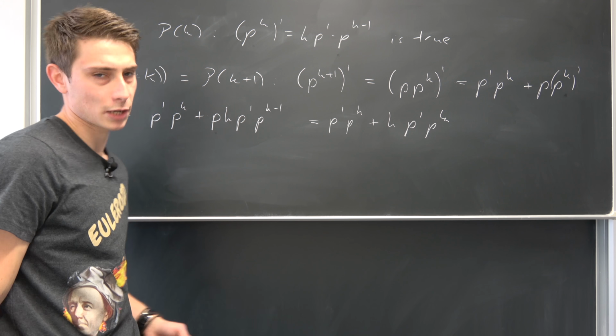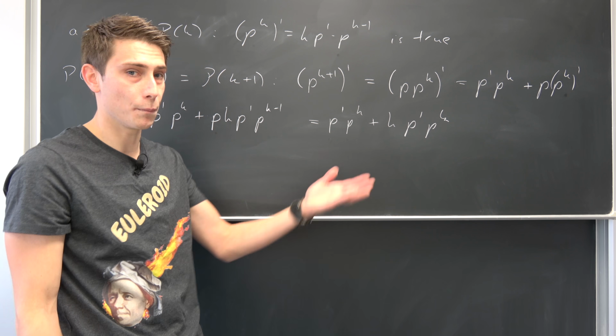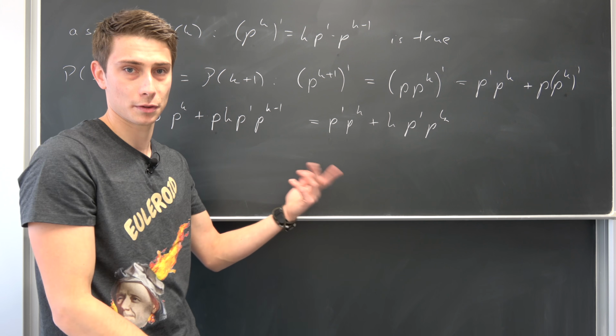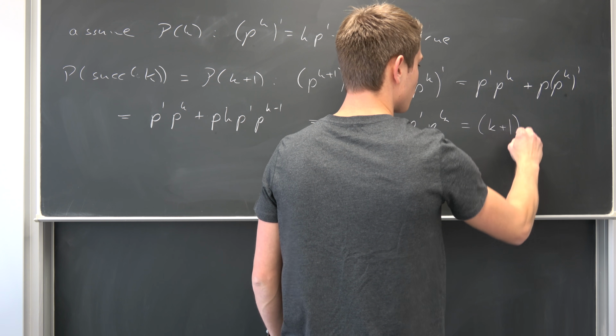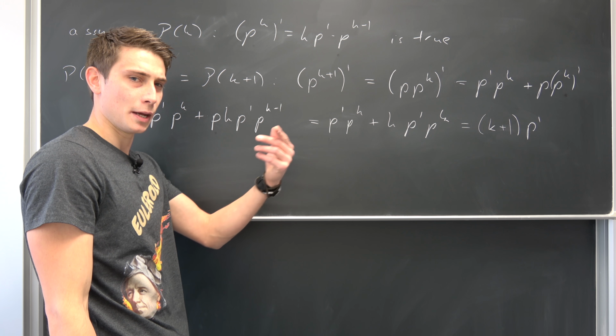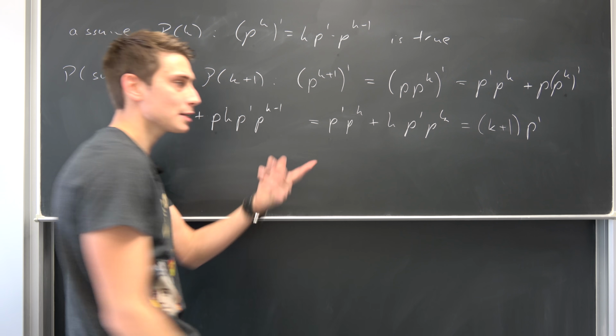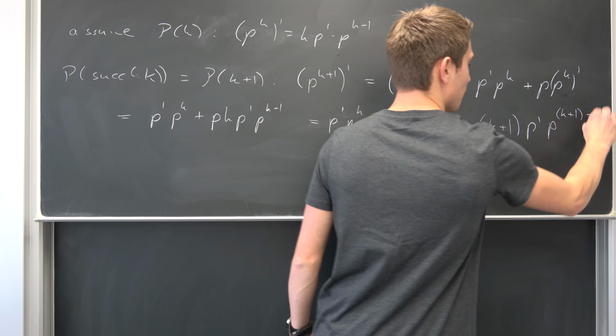And you see it works out like a charm, because we can just factor out p prime times p to the kth power on both terms to get a k plus 1. So this is nothing but k plus 1 times p prime times p to the kth power, but p to the kth power is nothing but p to the k plus 1 minus 1th power.